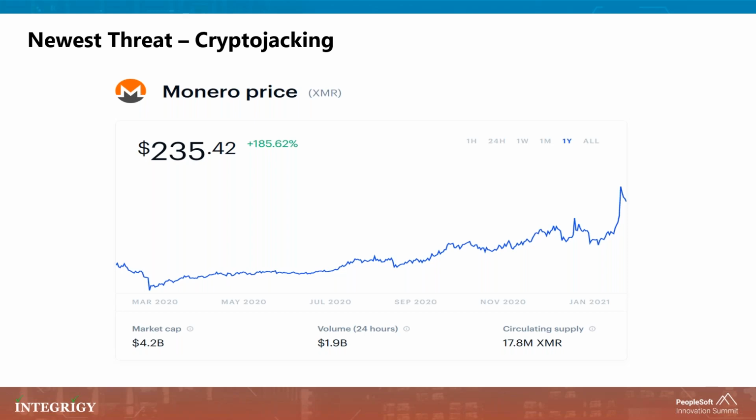A big one is also Monero. The advantage of Monero is it's an anonymous coin, so it's very hard to track down who's buying and selling Monero. If you're a hacker, you really want Monero versus Bitcoin, because with Bitcoin you can oftentimes get back to who the actual buyer and seller is. But Monero is considered an anonymous coin, so it's got protections to protect who's the seller in a transaction.